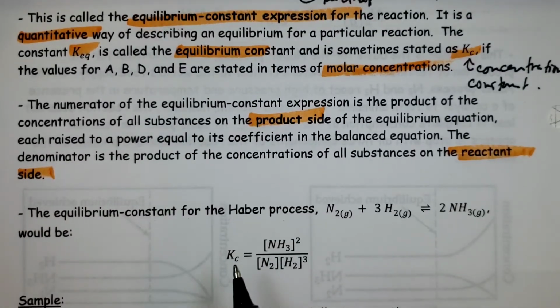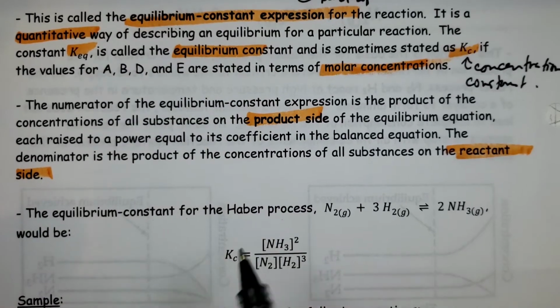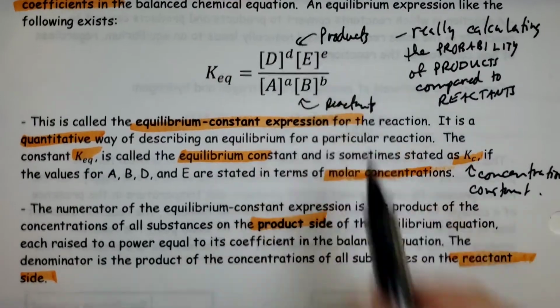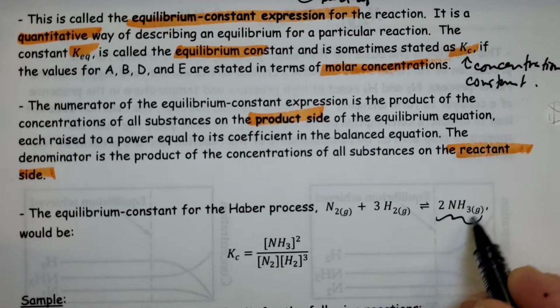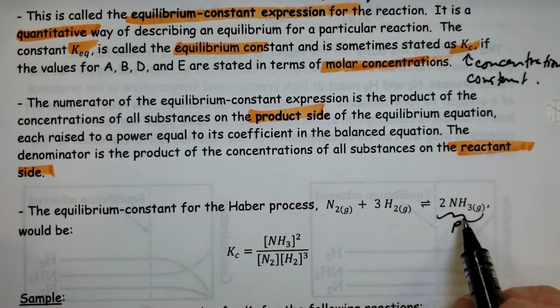So if you look at the Haber process, if I was writing down the K equilibrium expression, or Kc, used interchangeably, it's products over reactants. So products, NH3, and we use square brackets to indicate molar concentration.